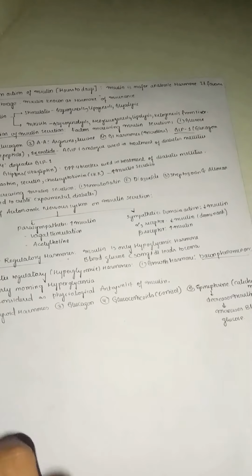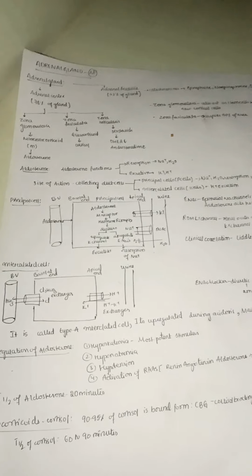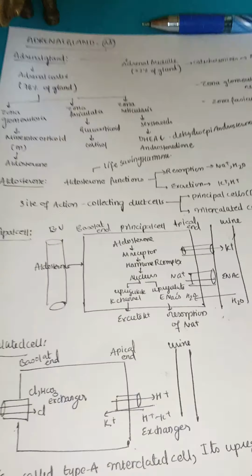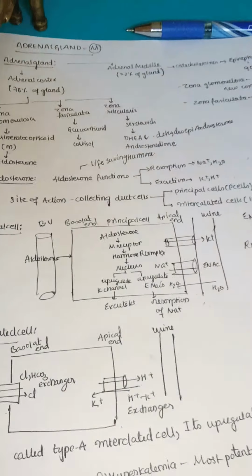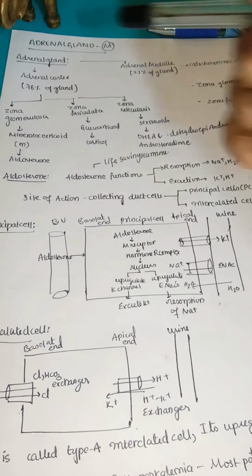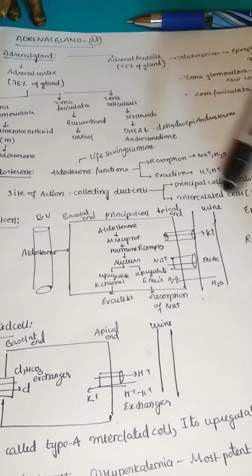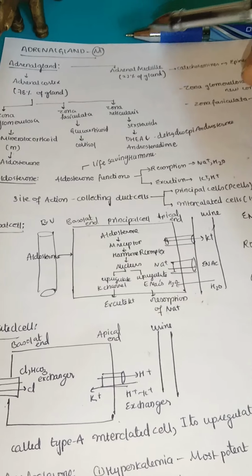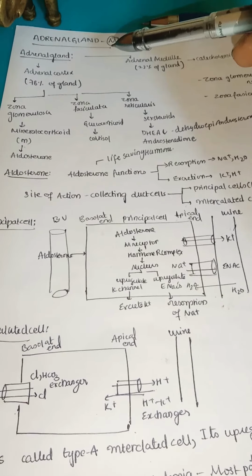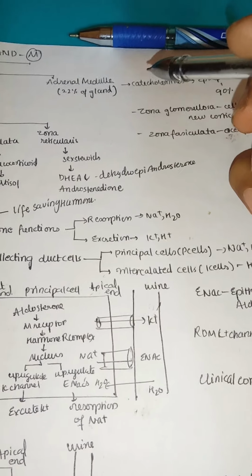So this is all about our endocrine pancreas. Mainly we are talking about insulin. And next, let us continue with the adrenal gland. The adrenal gland is mainly divided into two parts. First is the adrenal cortex and the other is the adrenal medulla. The adrenal cortex is about 78% of the total gland, whereas the adrenal medulla is only 22%.